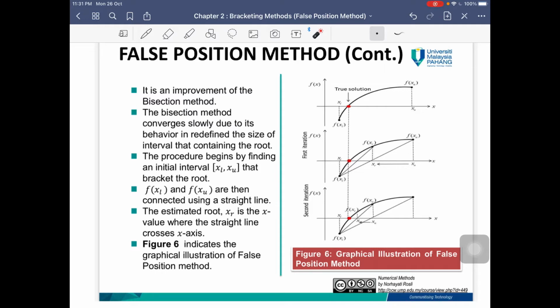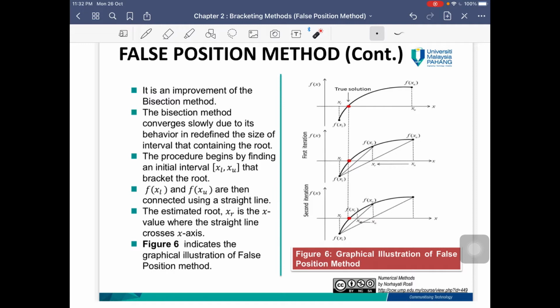In what way? The bisection method converges slowly due to its behavior in redefining the size of the interval that contains the root. So remember, when we discussed the bisection method, the estimation of the root is calculated by using the midpoint formula.